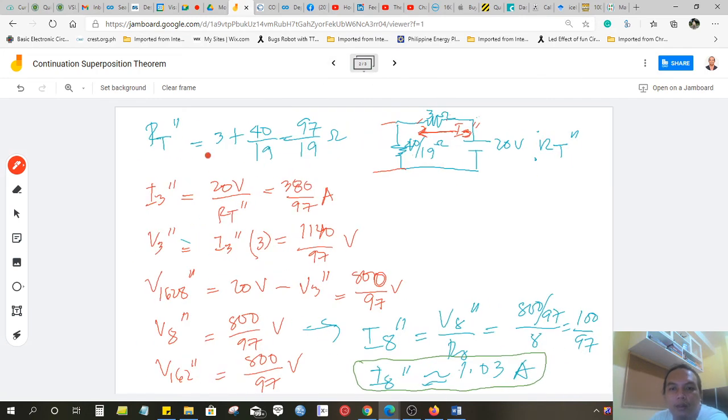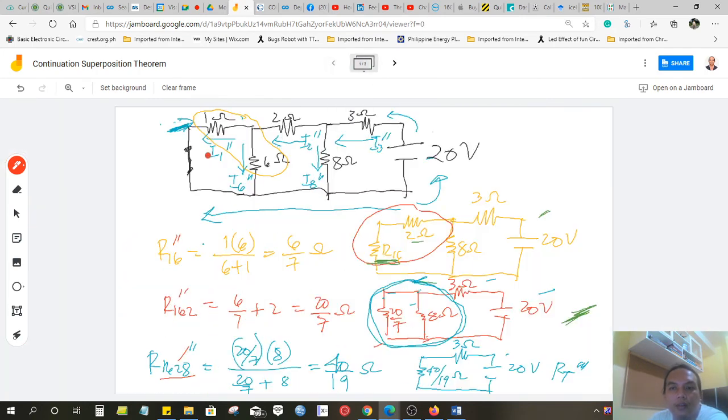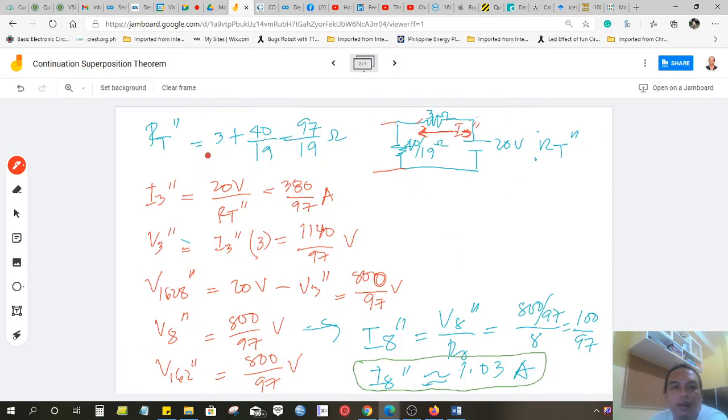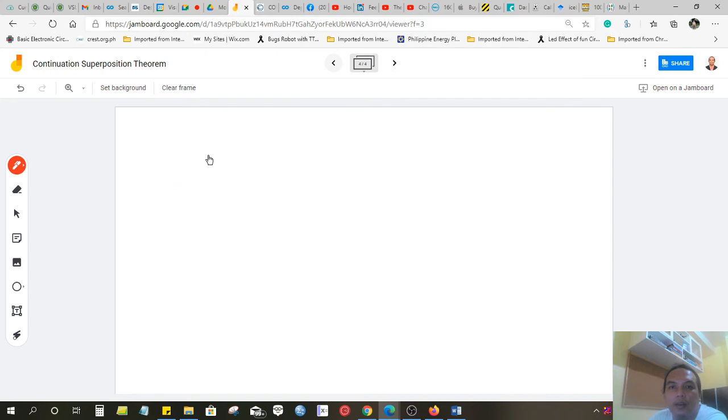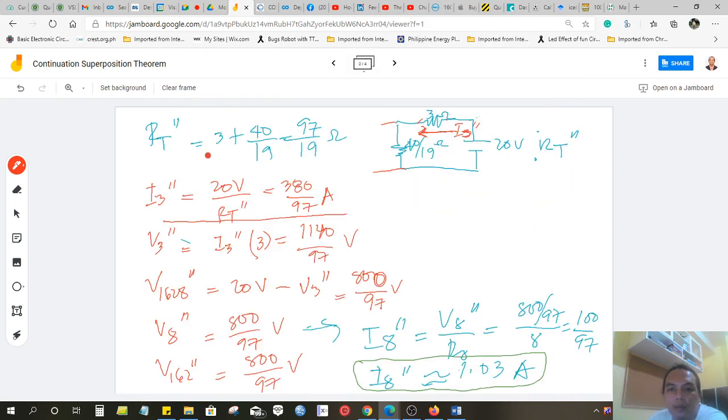So we have I3, 380 over 97, minus I8, which is 100 over 97.